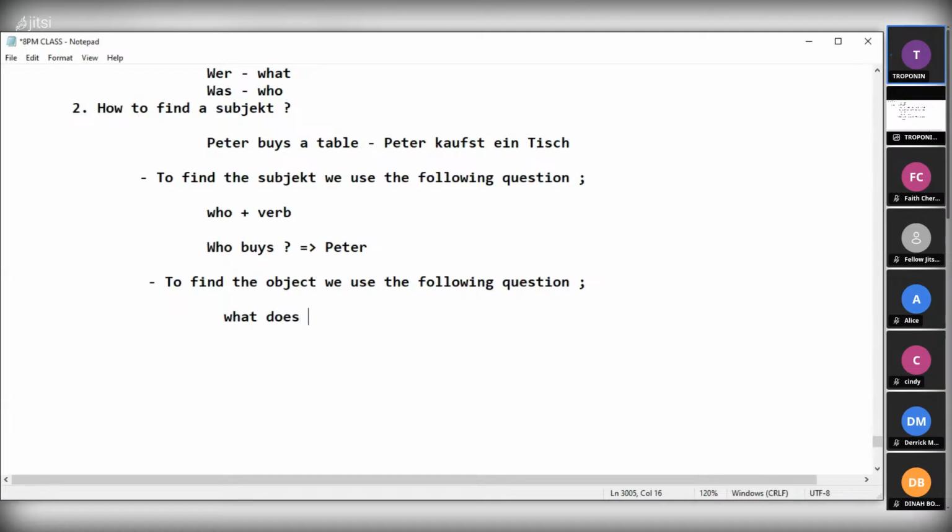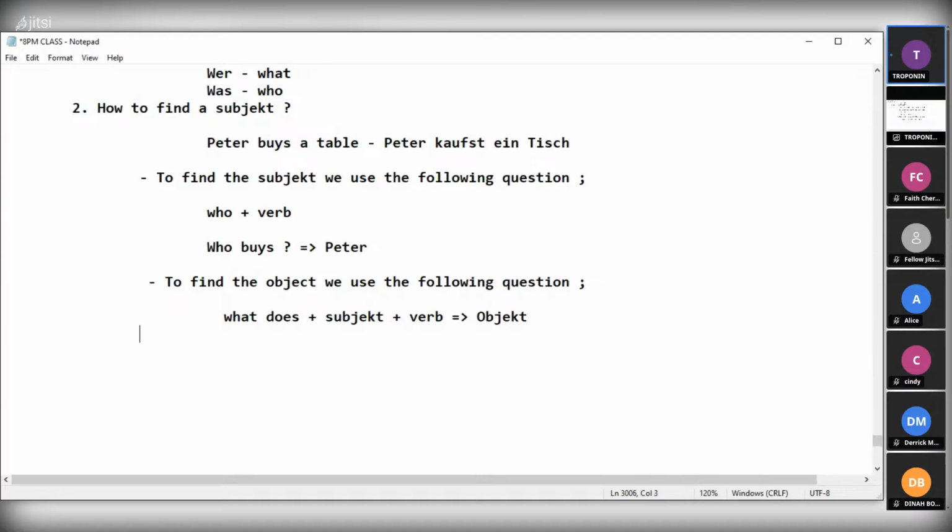What does subject plus verb? What does subject plus verb is equal to object.